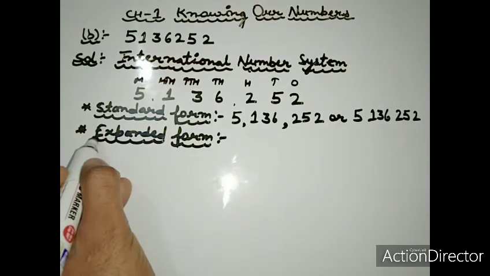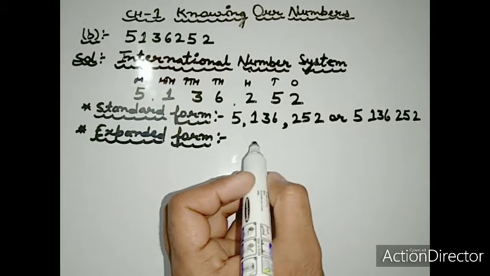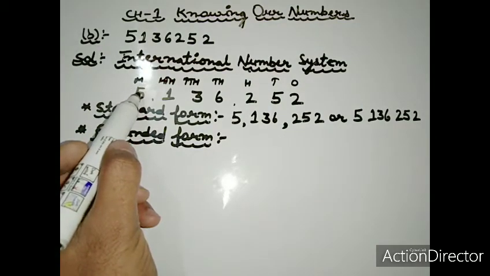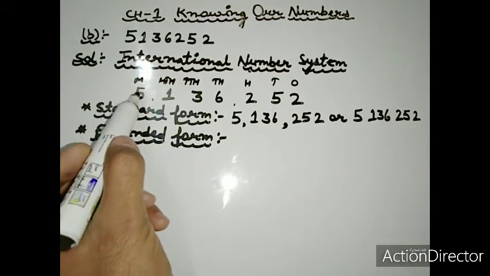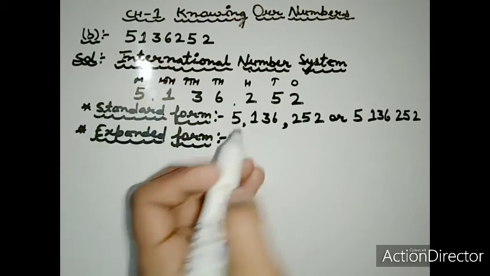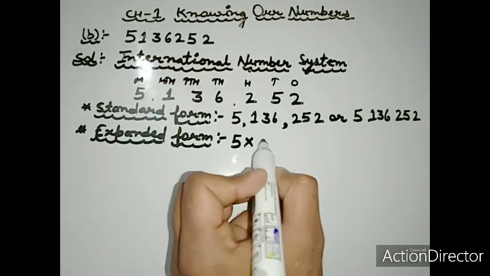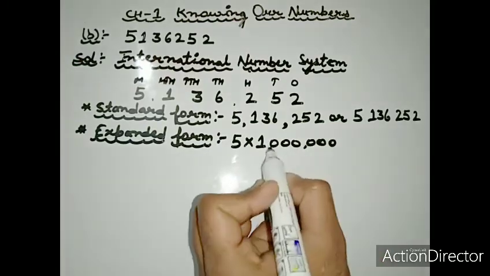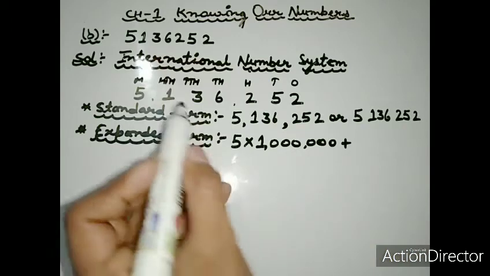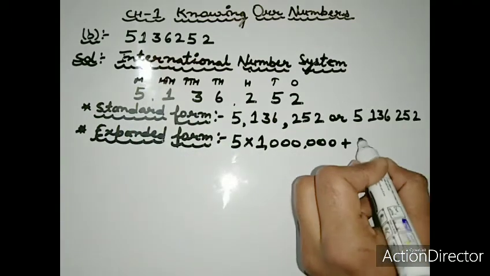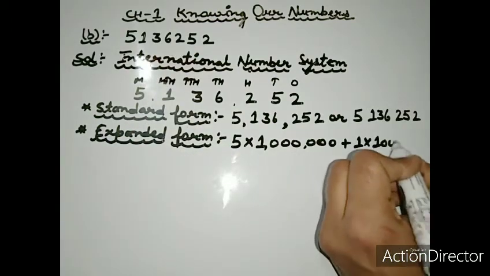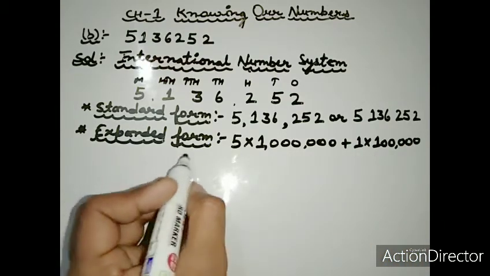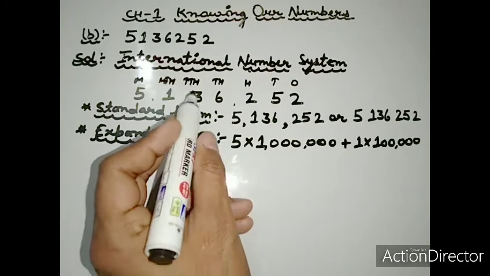So now here we multiply the face value of the number by their places. So 5 in a million place. So here 5 multiply by 1 million. Now 1 in a 100,000 place. So here 1 multiply by 100,000. Now 3 in a 10,000 place.